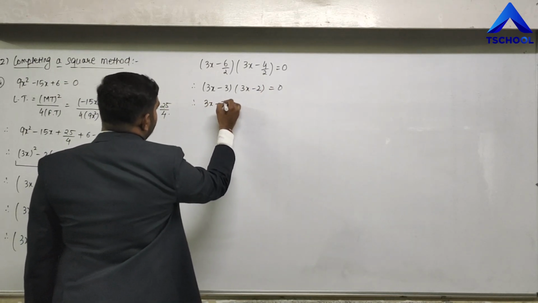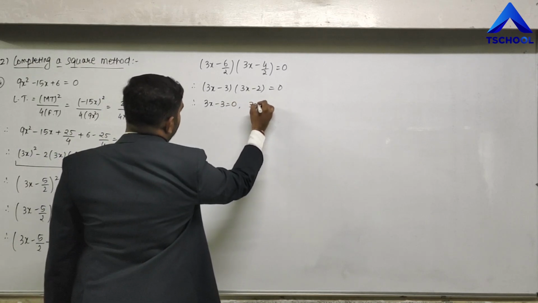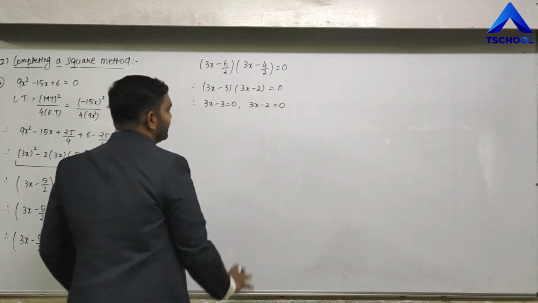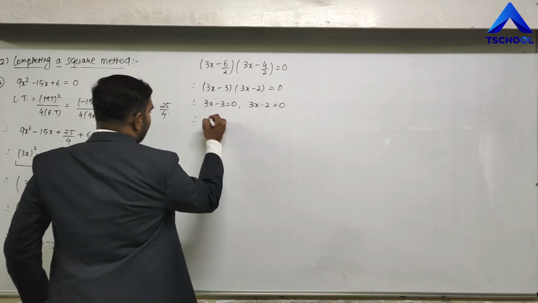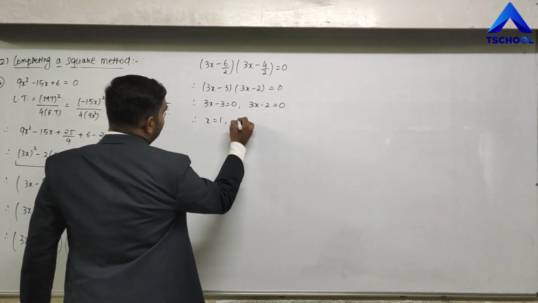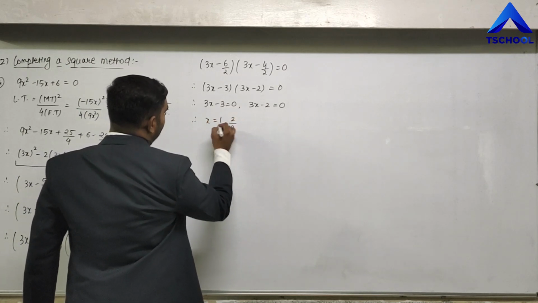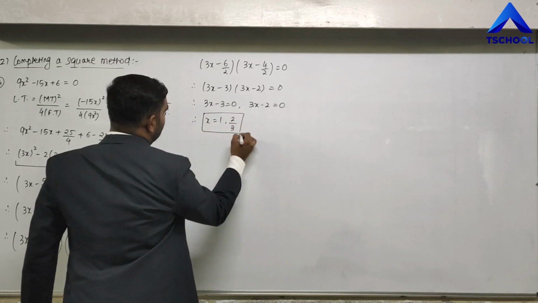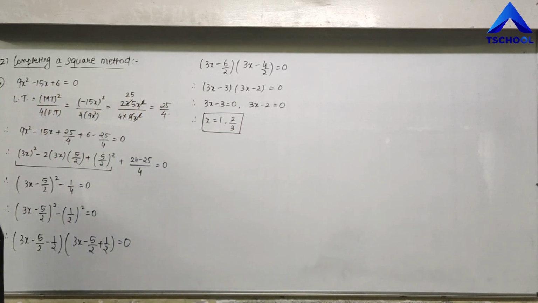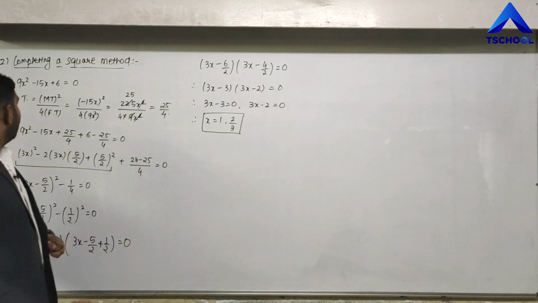Therefore we get 3x minus 3 is equal to 0, or 3x minus 2 is equal to 0. Hence we get x equals 1 and 2 by 3. So the solution of the given equation is 1 comma 2 by 3, or the roots of the given equation are 1 and 2 by 3. Is it clear? Right? Okay, let us solve one more.